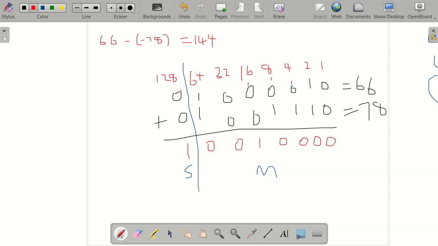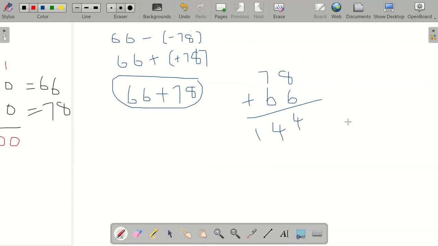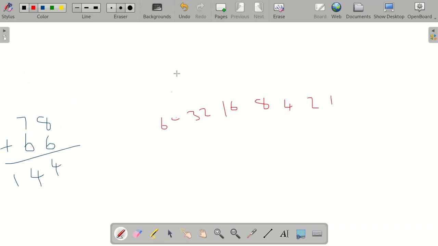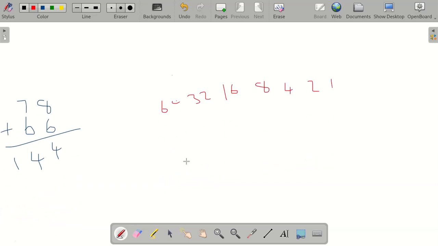Now let's convert 144 into binary first so that we confirm if this is correct. Remember, this is 1's complement, don't forget that. So we'll come up with the powers of 2. 1, times 2, 2, times 2, 4, 8, 16, 32, 64, then the last one times 2, 128.